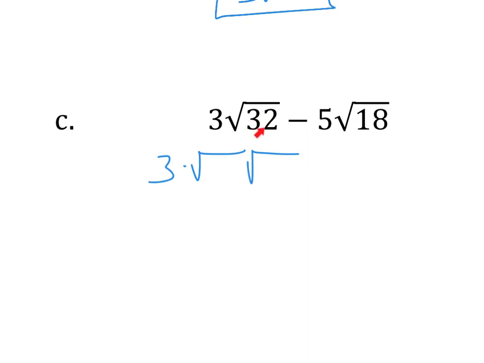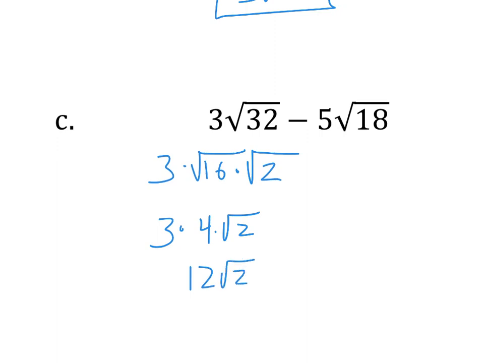Nope. Does 16? Yes. So find the largest perfect square. It's 16 times 2. And so then that'll be 3 times, well, the square root of 16 is 4. And 3 times 4, this is all multiplied here. 3 times 4 is 12.